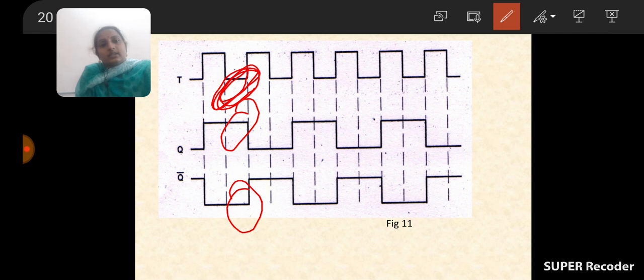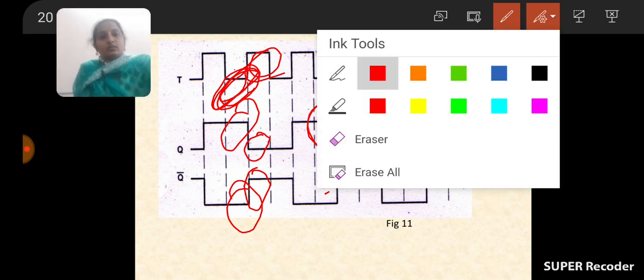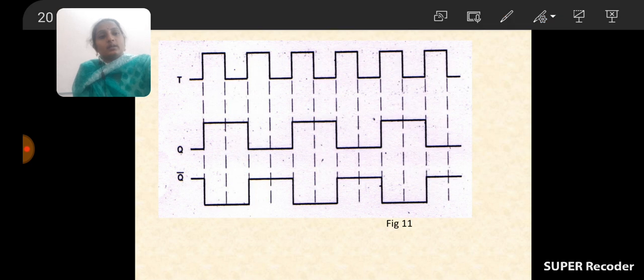Next, if it is 1, the output is 0, and again when it is 0, the output is high. Like that, in toggle flip-flop, whatever input we apply, we get the complement of that input, not the same.